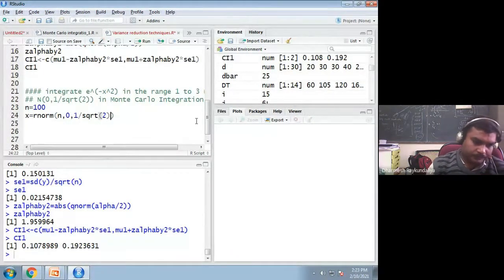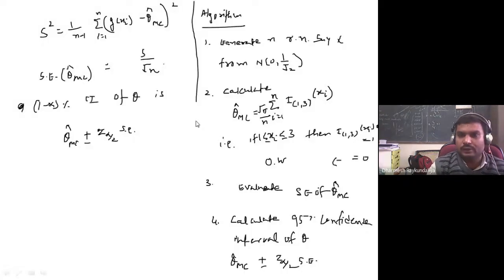Okay. So x is generated, so now I have to generate the y. How should I generate the y? This is actually my y: root pi into I13 of xi. This is what we call the y.